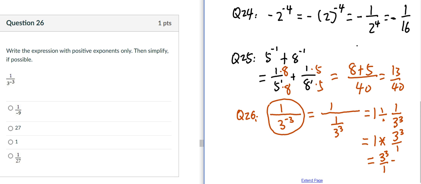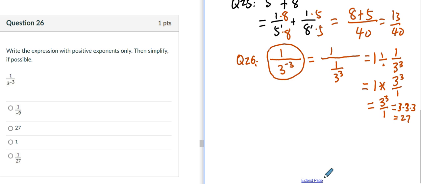So that's 3 times 3 times 3, so you get 27. That's easy. So then you will have the final answer, which is 27. Okay. So keep going.